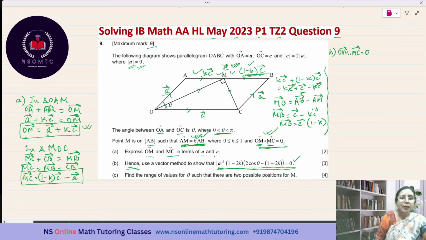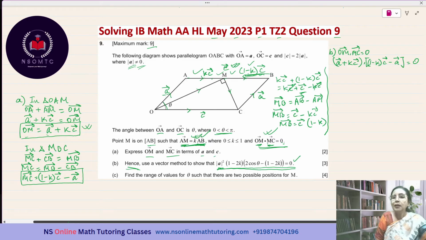So it is A plus kC dot 1 minus k C minus A equal to 0. And now I will be expanding.